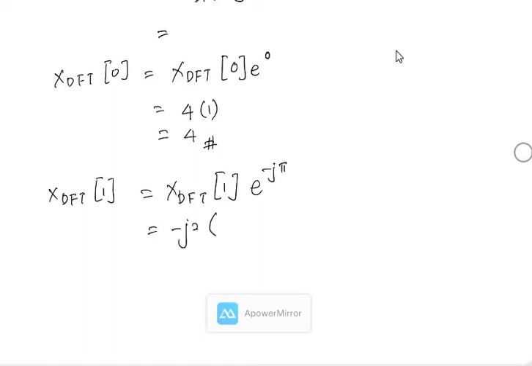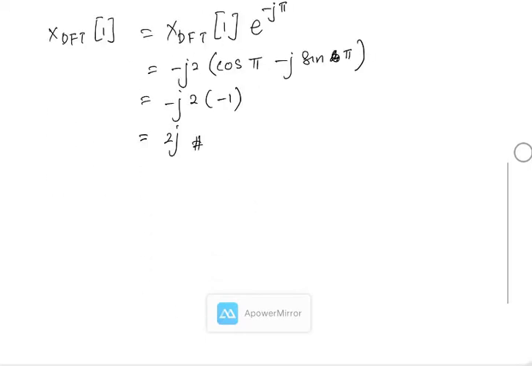And then cos pi minus j sine pi, which refers to the Euler formula. So minus 2j times minus 1 is equal to 2j.